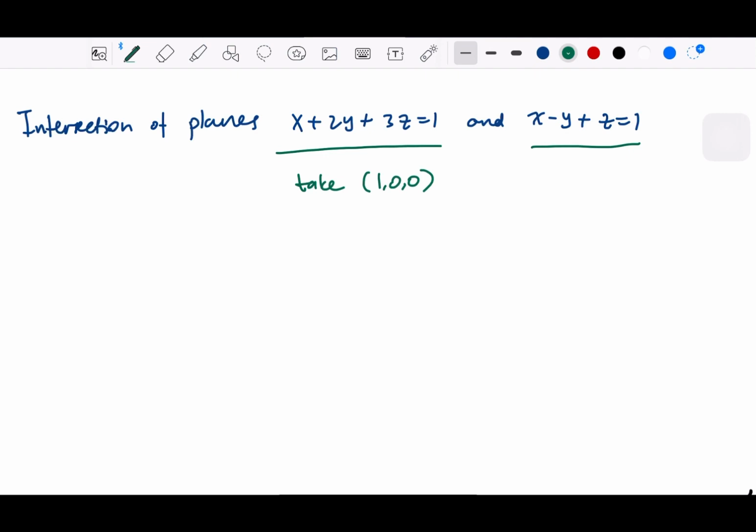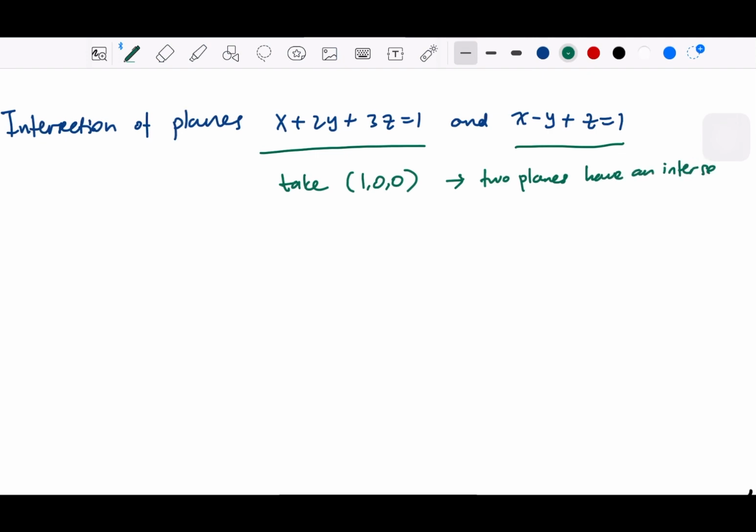So we can know that the two planes have an intersection. Okay, and we can also take this 1, 0, 0 as our p0, the initial point.